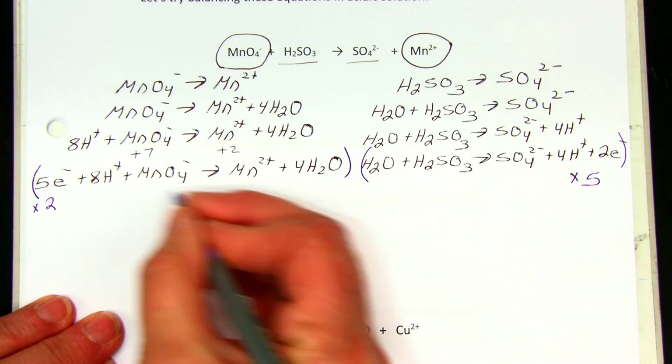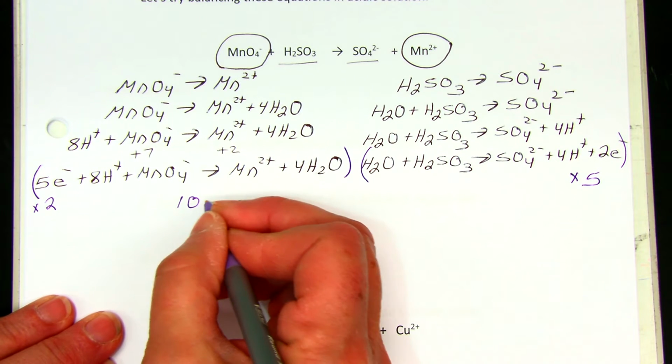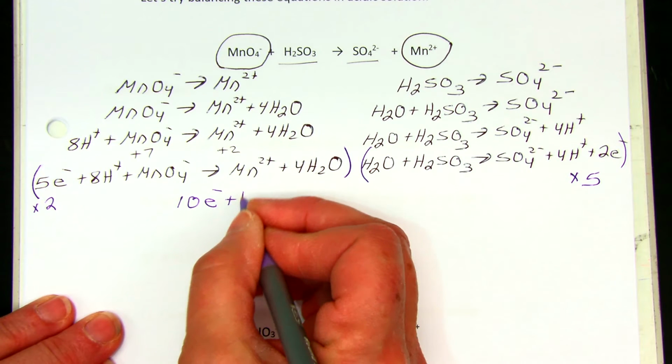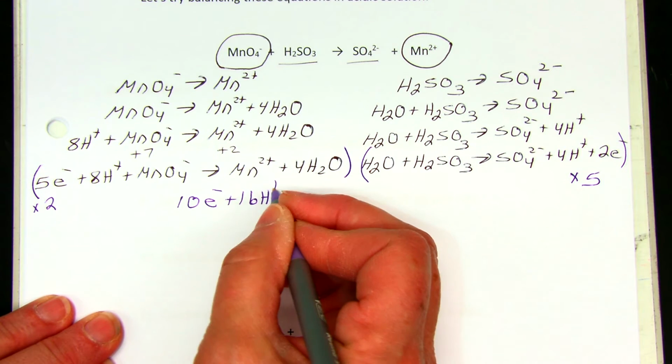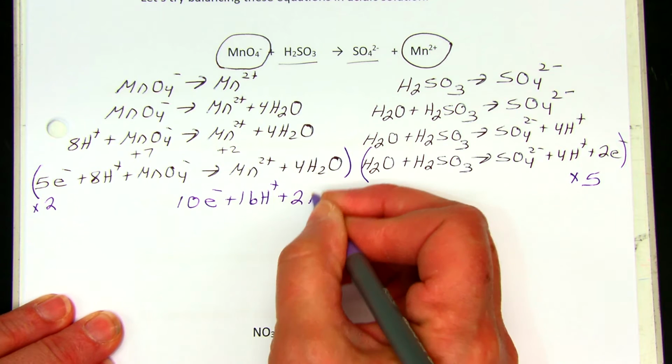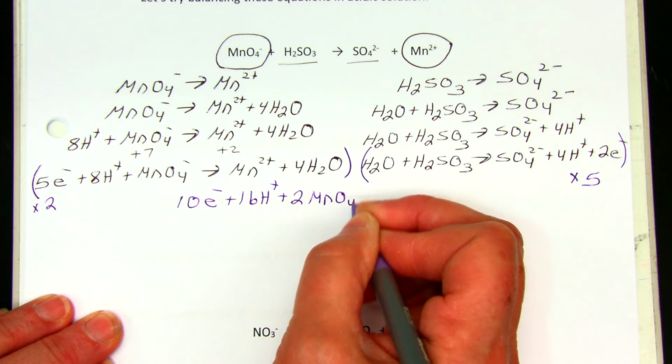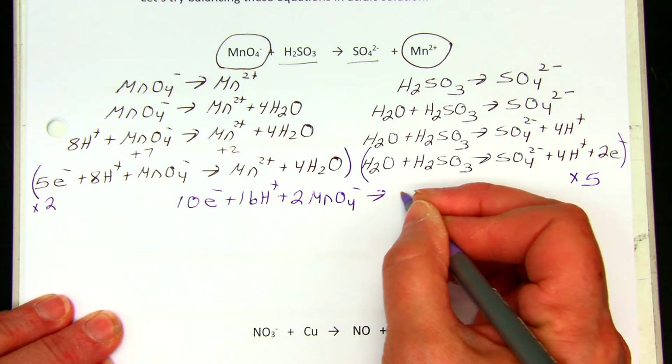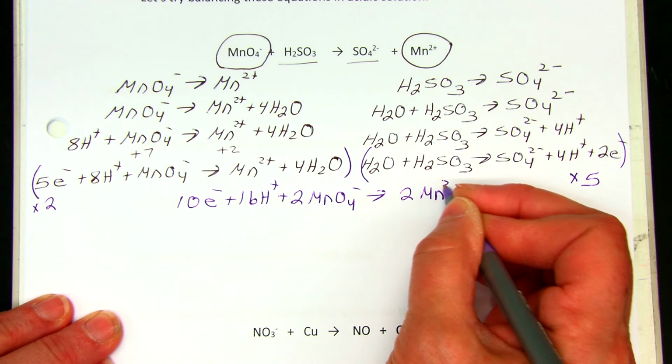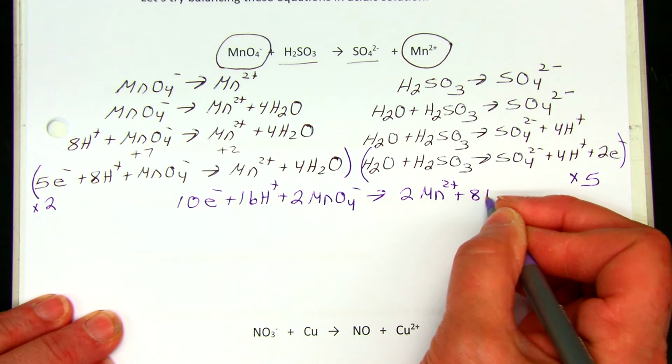So when I multiply this by 2, 10 electrons plus 16 hydrogen ions plus 2 permanganate yields 2 manganese plus 8 waters.